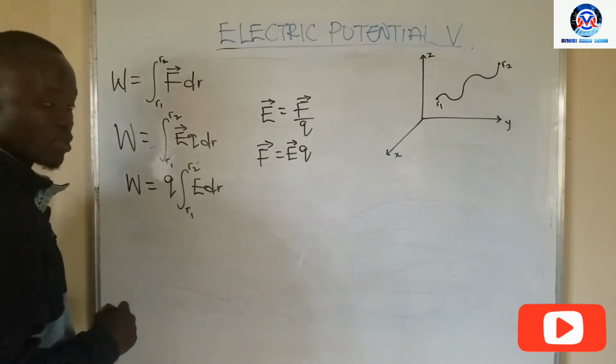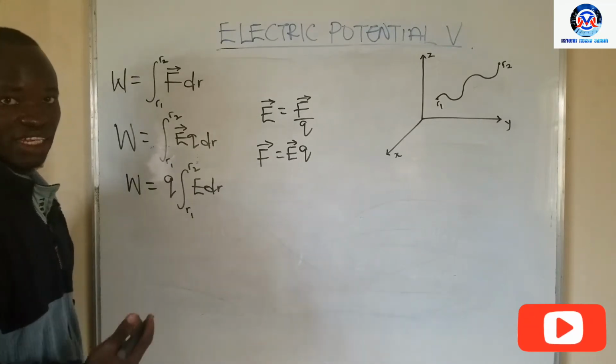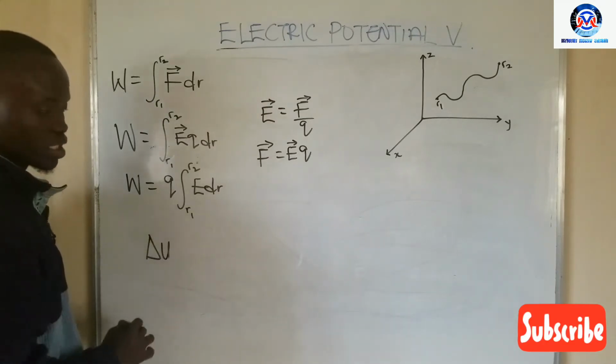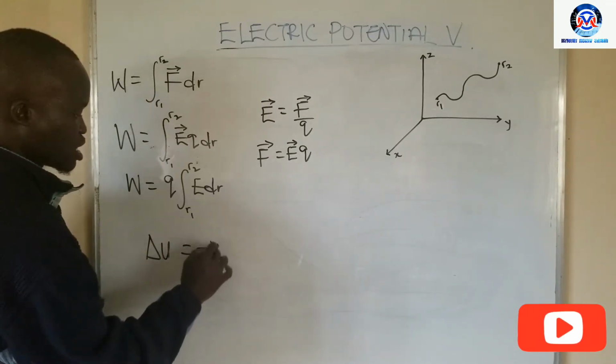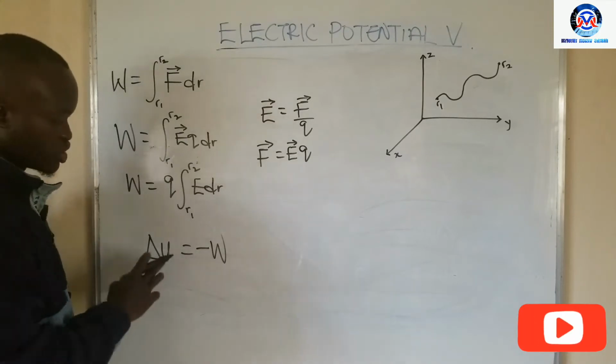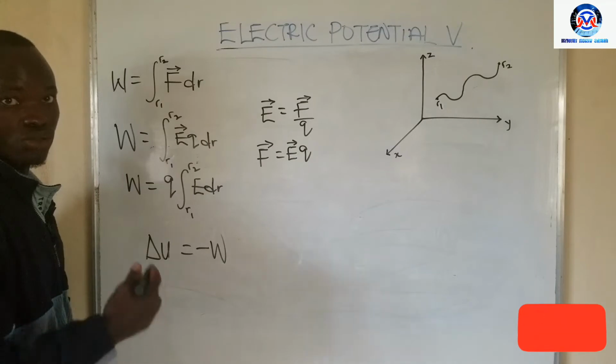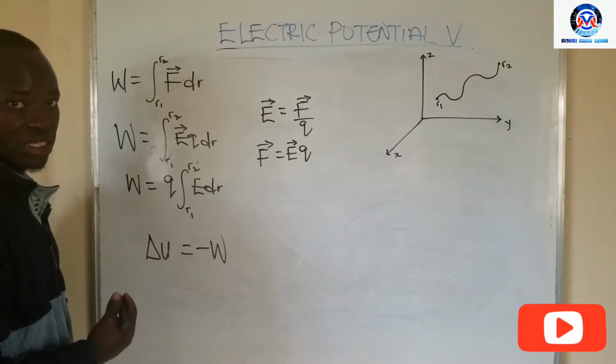So now, from the work-energy theorem, we have that the change in potential energy is equal to the negative work done. Yes, the change in potential energy is equal to the negative work done according to the work-energy theorem.